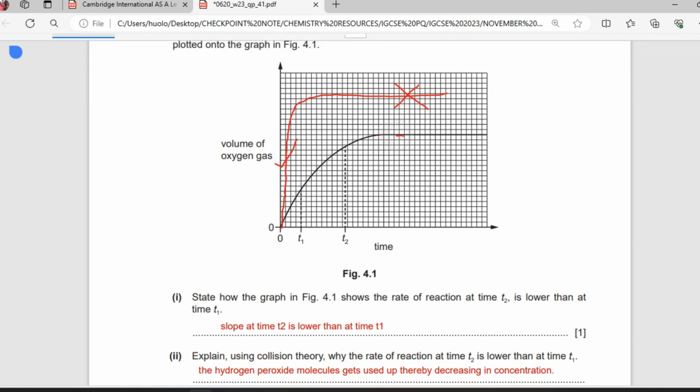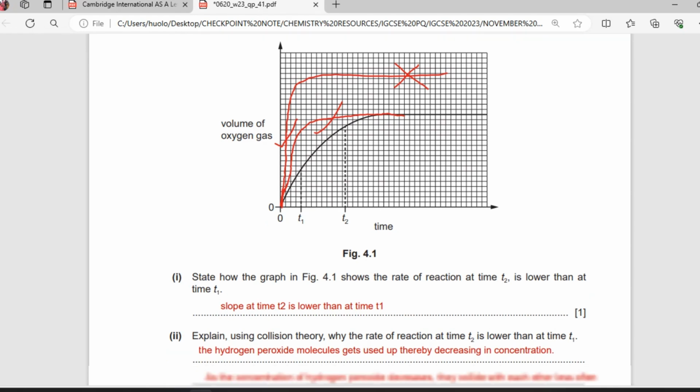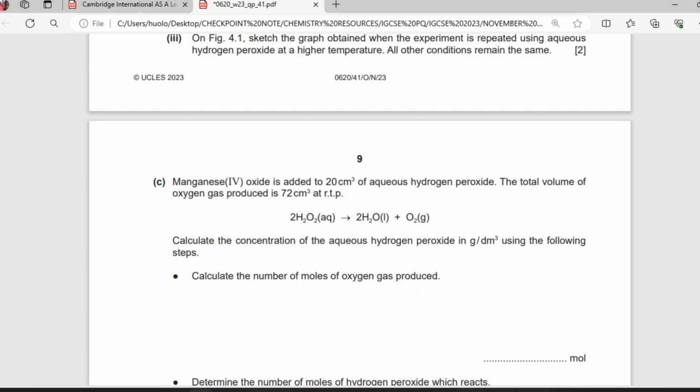So you make it from here this way and you come like this. Start from the same origin. Okay, so that is it. So you have that. All right, we make progress to the next question.